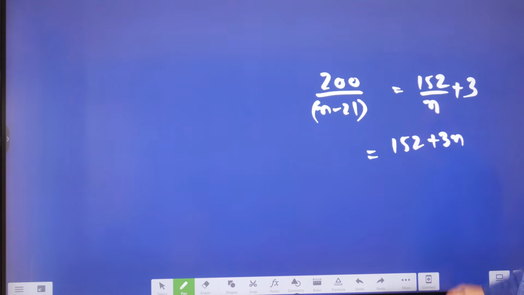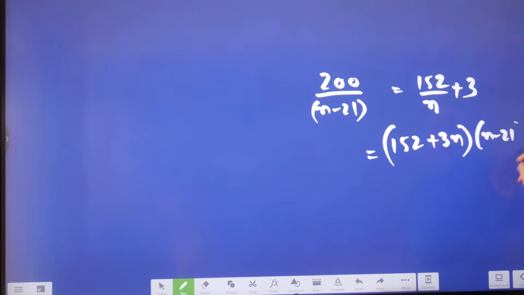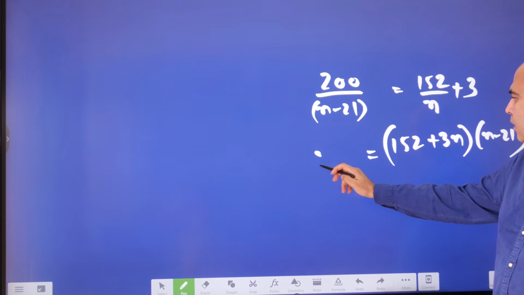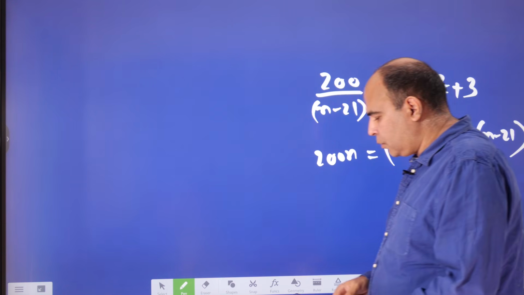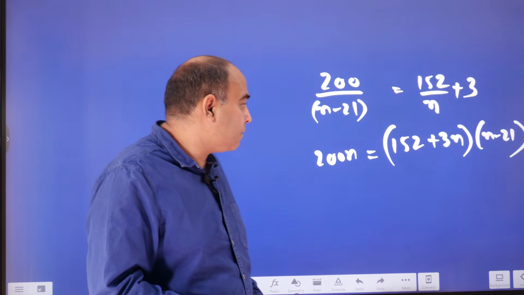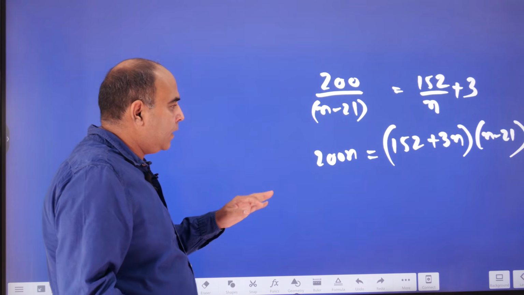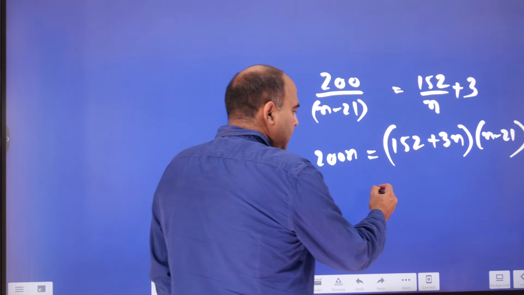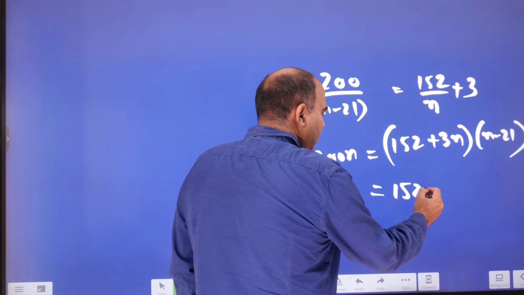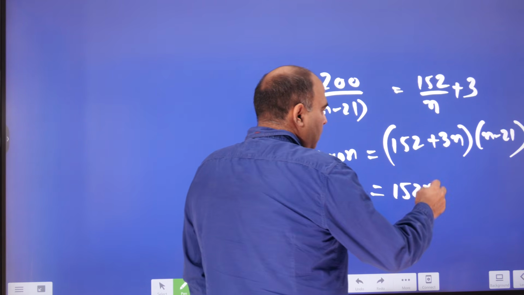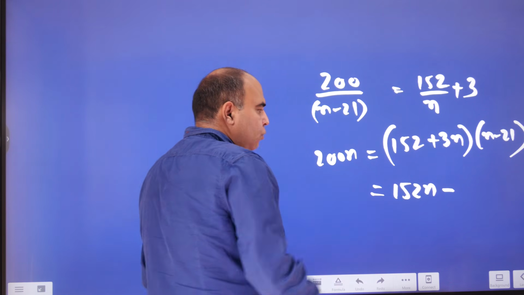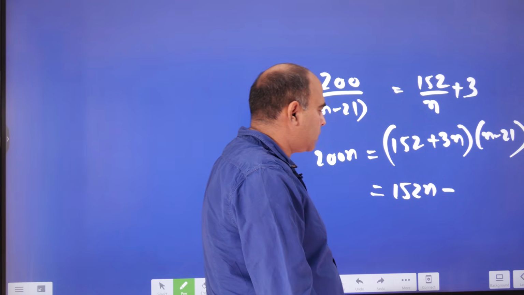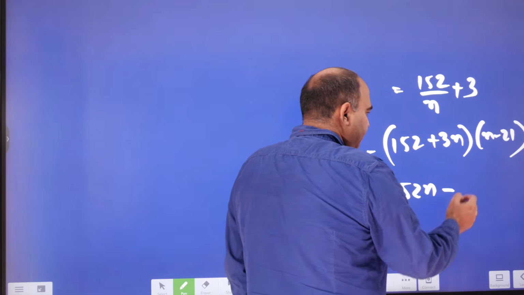152 plus 3n into n minus 21 is equal to 200n. Taking that n that side. So if I expand the right hand side, I have 152n, minus 152 into 21, which is 3192.